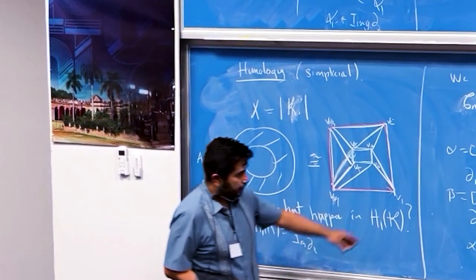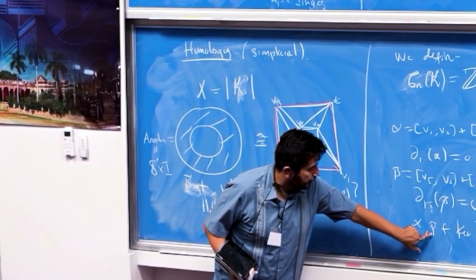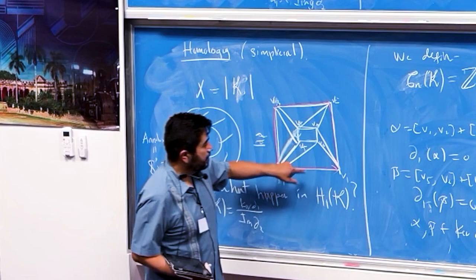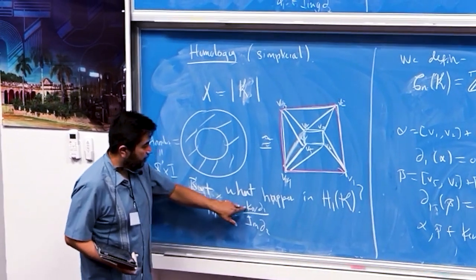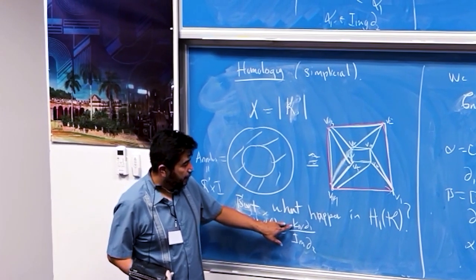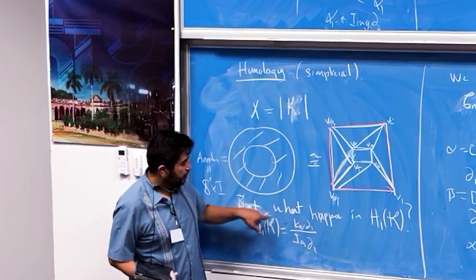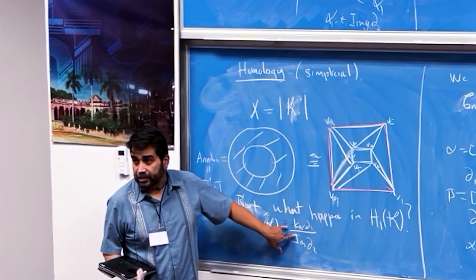We know that alpha and beta, these two elements of C1, live in the kernel of delta 1. But my question is: are they equivalent in this quotient?